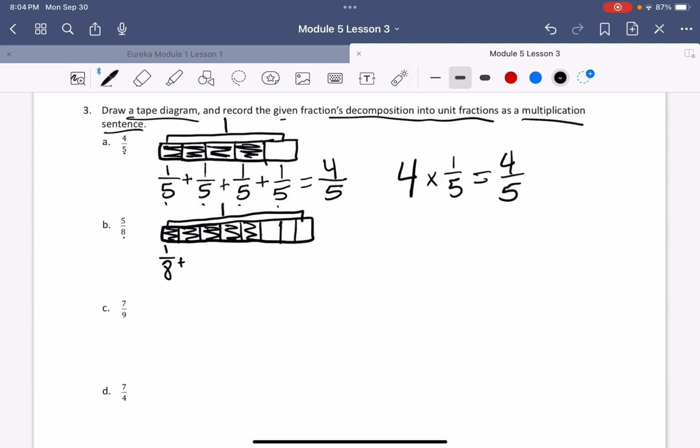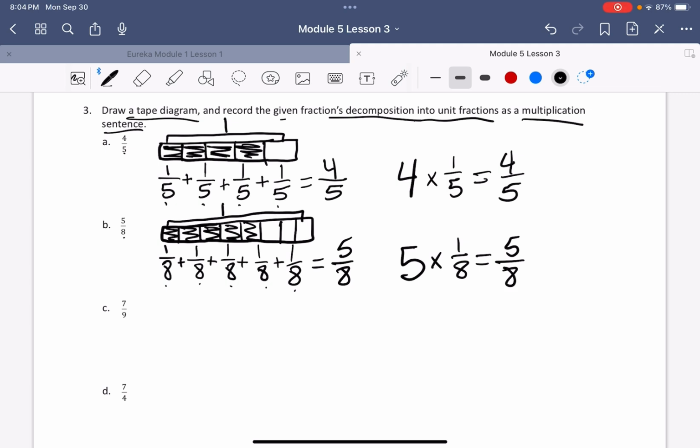So 1/8 plus 1/8 plus 1/8 plus 1/8 plus 1/8 equals 5/8. To write our multiplication sentence, how many 1/8 did we have? We had 5, so we take 5 times 1/8, which equals 5/8.